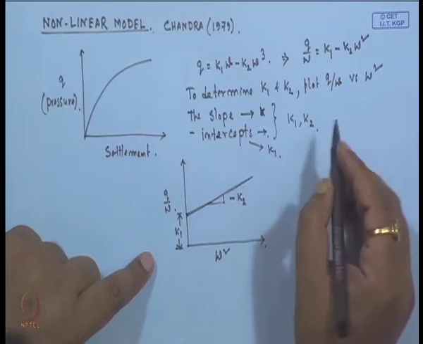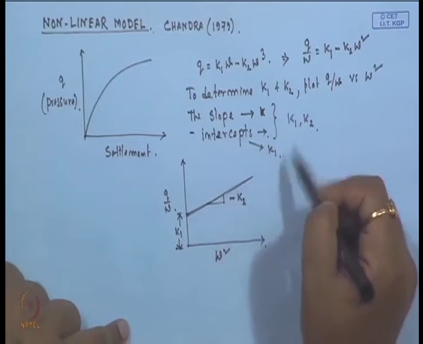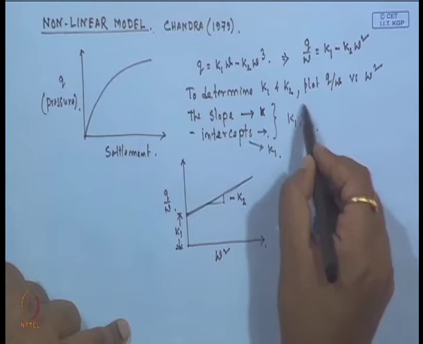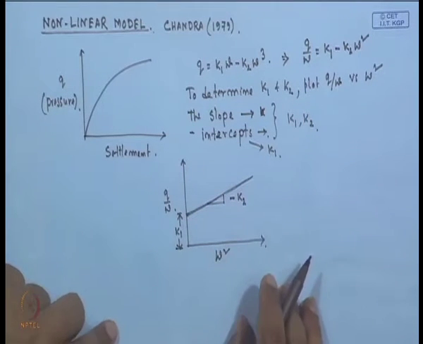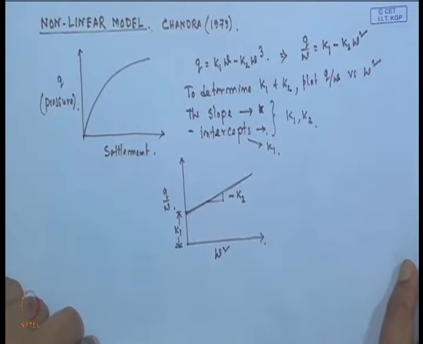So, slope and intercept from these two things will get the K1 and K2 values. This is another representation of the nonlinear response of the soil.